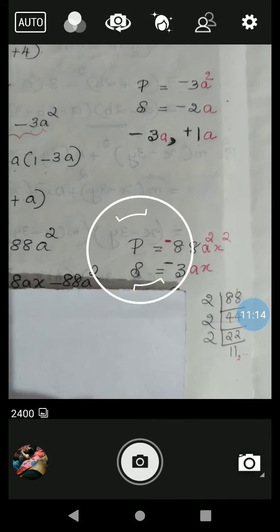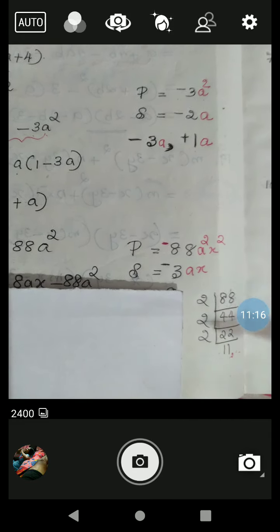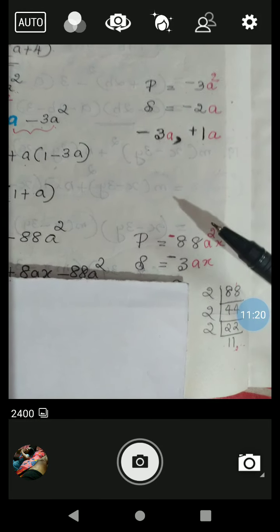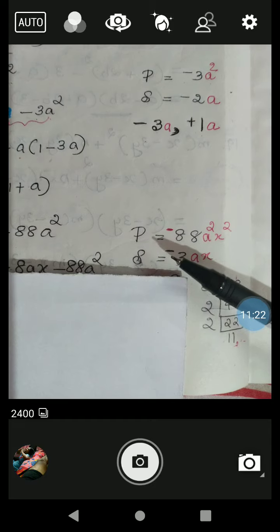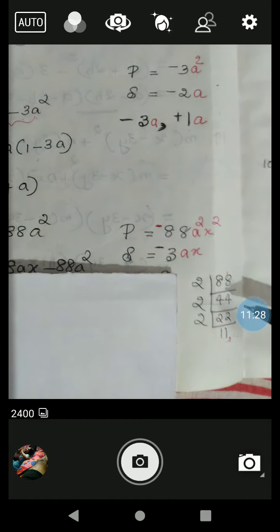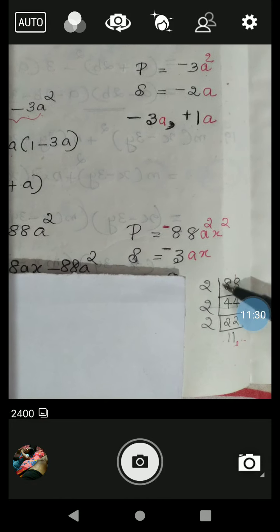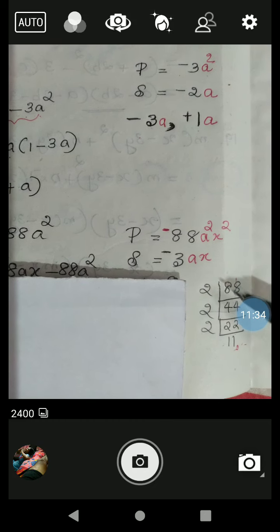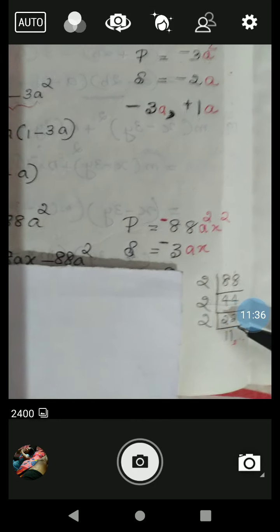Here there is no easier way to find the two numbers whose product is minus 88 and the sum is minus 3. So one method is, you can factorize this 88 in this form. This form means the prime factor method. Do you remember that method?